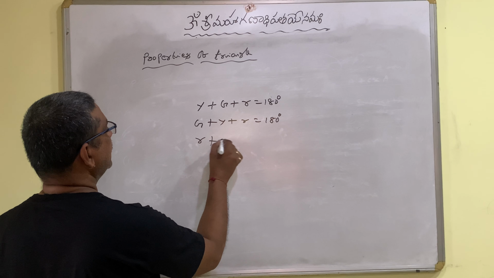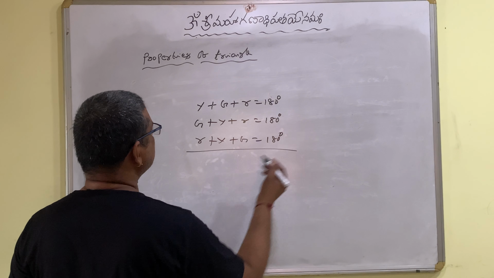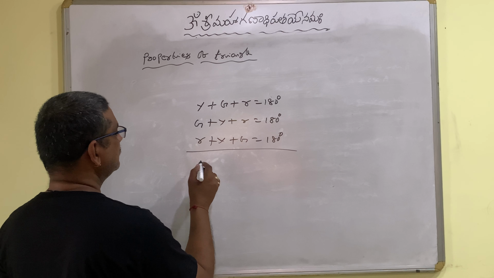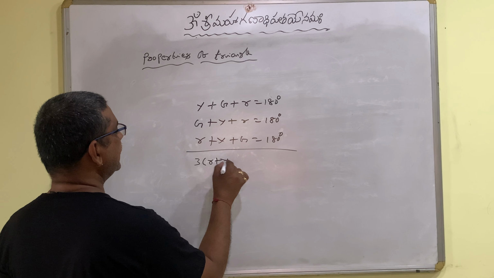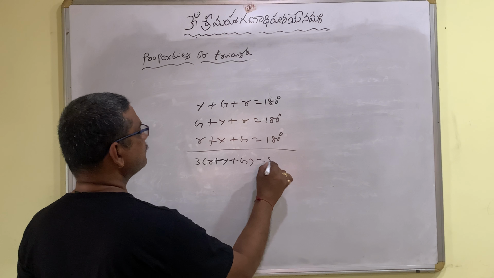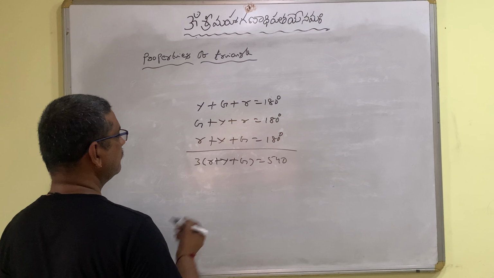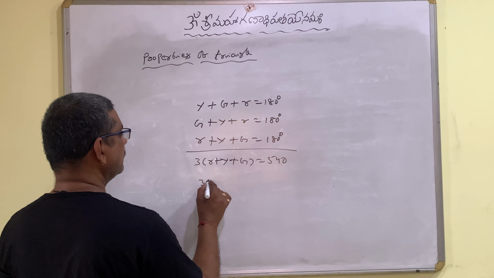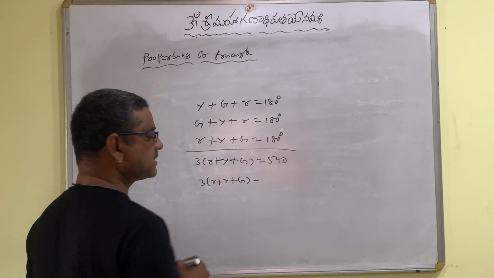Now if we add all these three, what will we get? 3 times red plus yellow plus green is 540 degrees.